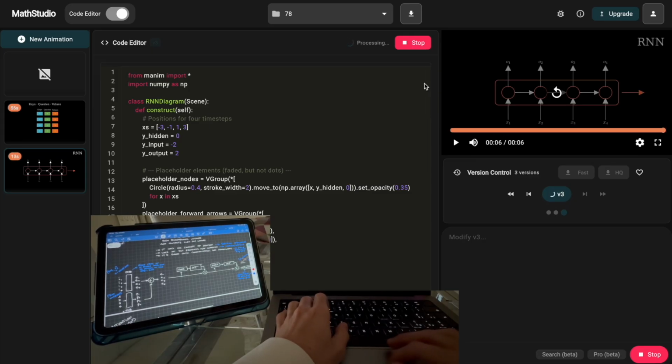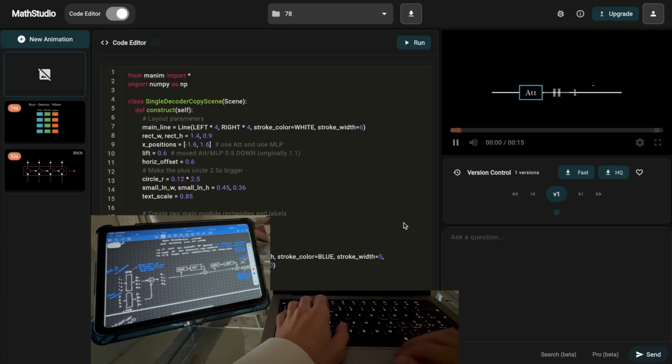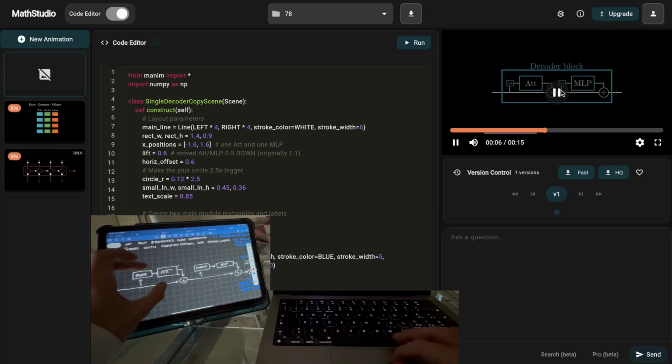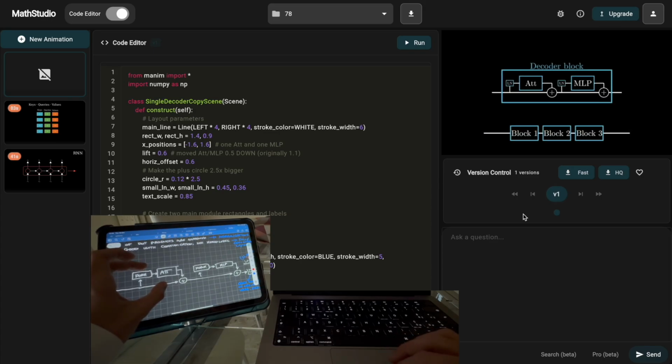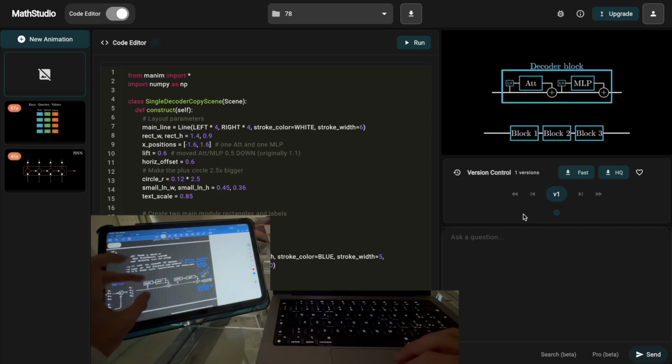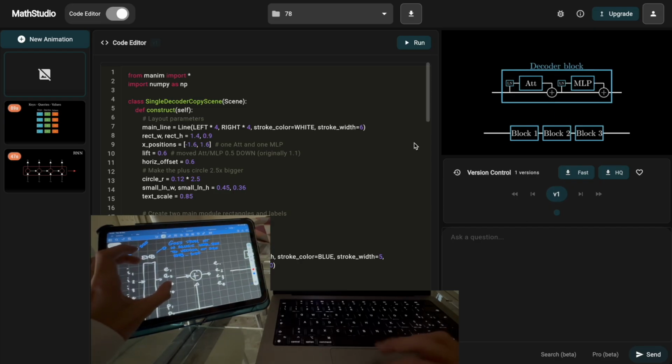We are fixing the text, making it bigger, making these circles. In the meantime, this is the animation here, which I already made for something else. It's pretty good, but we need to add this part right here.